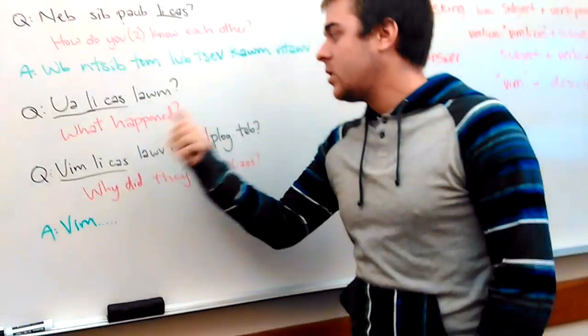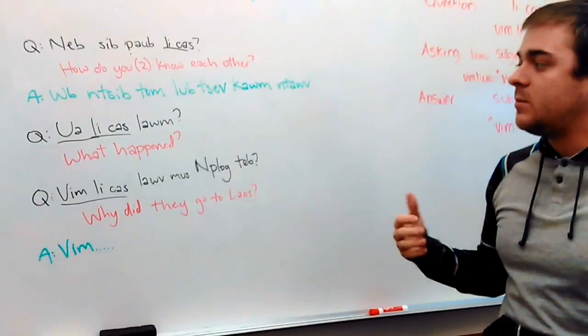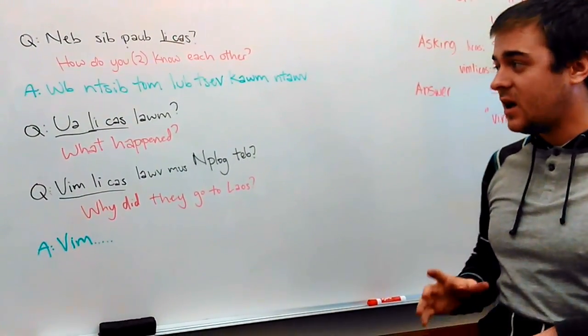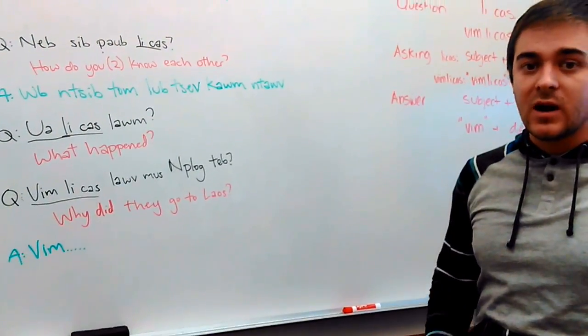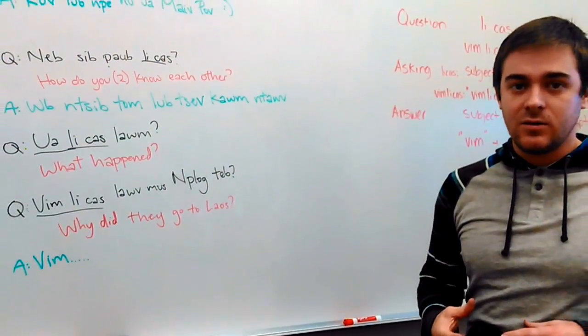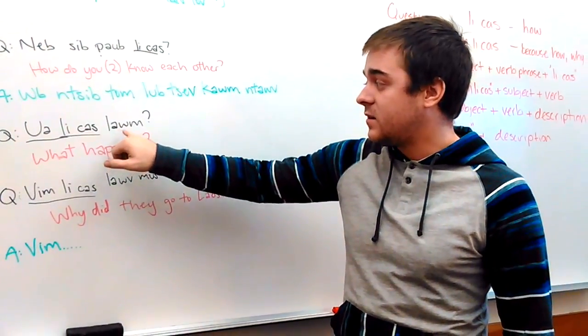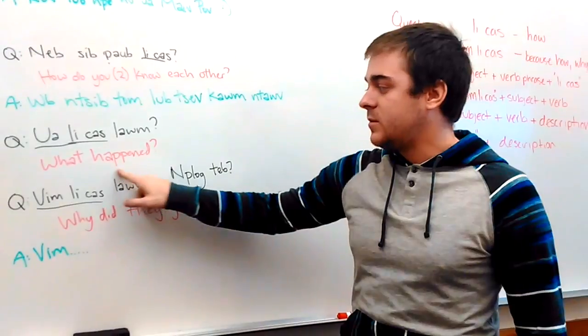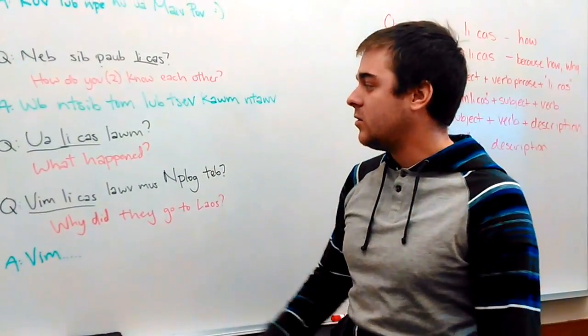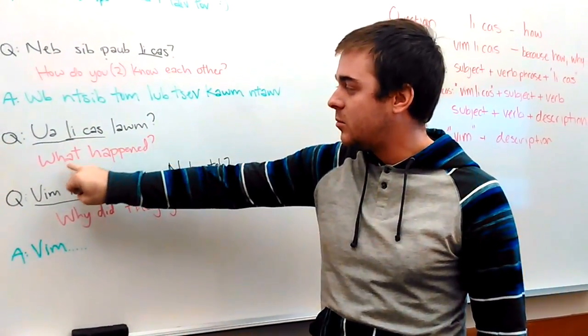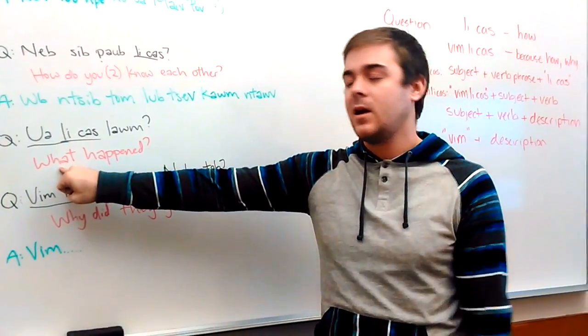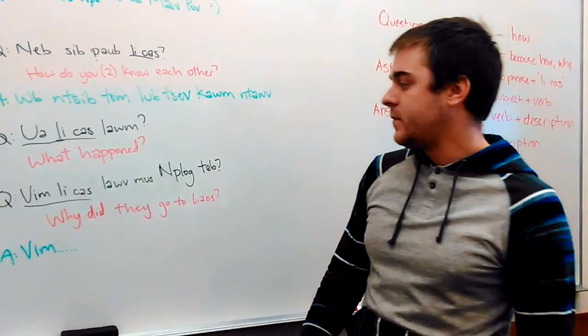Here's one of the things I said: lita can be used for a different word. It's sort of confusing, but I'll go over that in another video, but I thought we should expose that to you early. That sentence is ulitalo, and that literally means what happened. You'll see that lita was used here, but we came out with the question word what. I'll go over that in a different video.